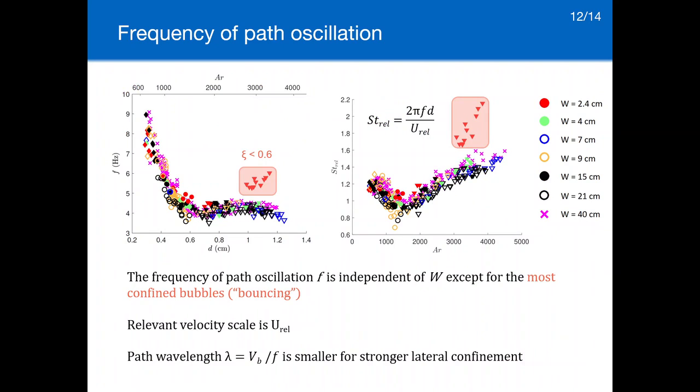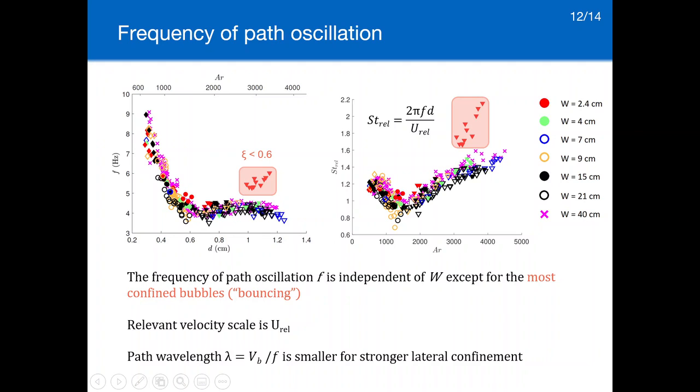This bouncing effect can be seen not only as a decrease in the amplitude, but also as an increase of the frequency of path oscillation. But apart from those very confined bubbles, the frequency of path oscillation is unaffected by the lateral confinement.